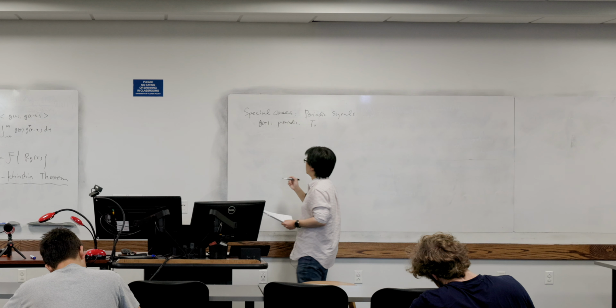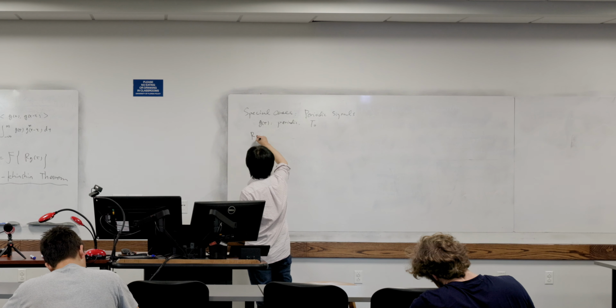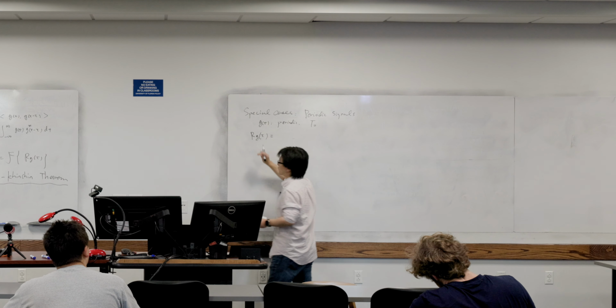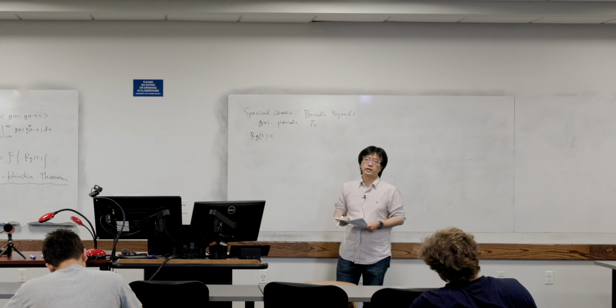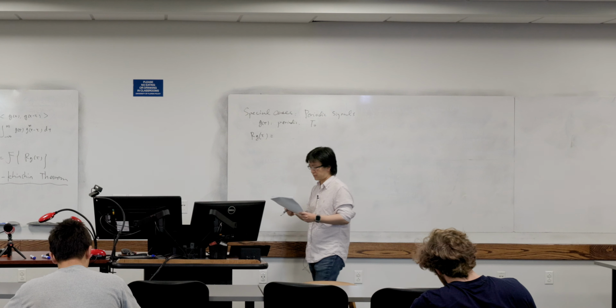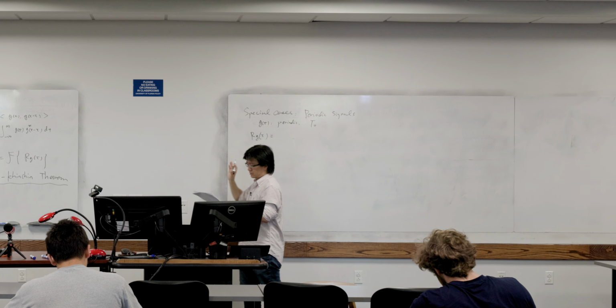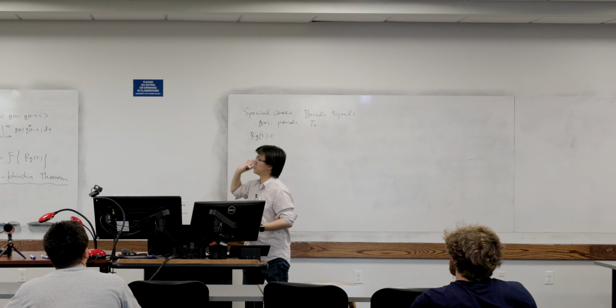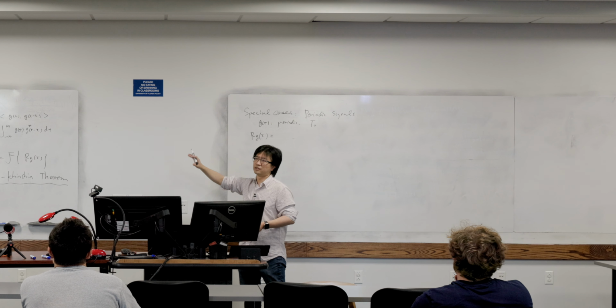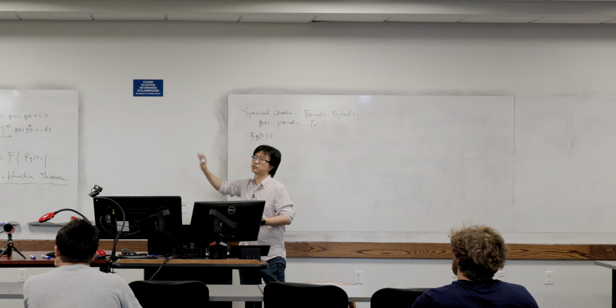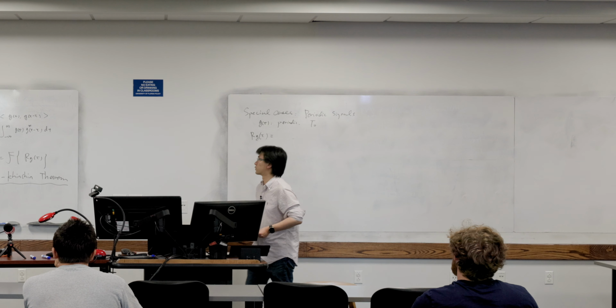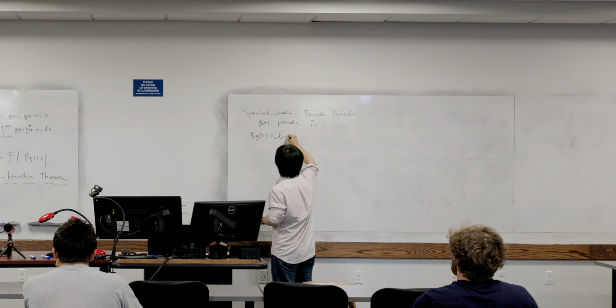Let's see what the autocorrelation function looks like. We can't just get rid of the limit and put T naught there, because we don't know whether that's true. We have to derive it from scratch.